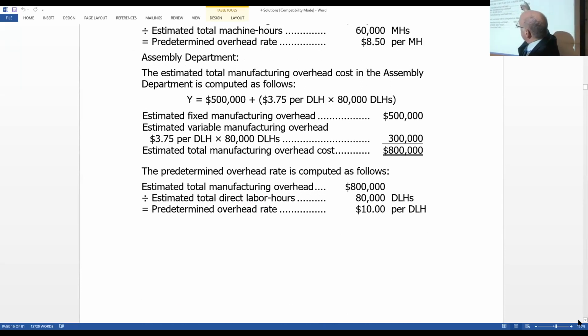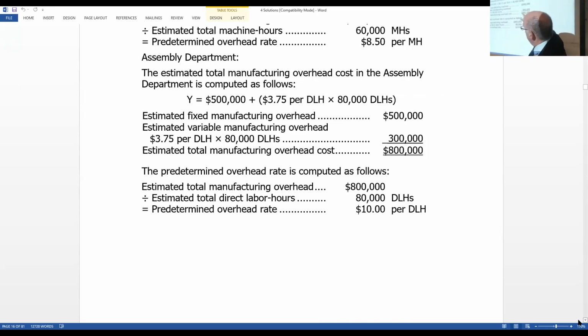So y equals a plus bx. 500,000 is fixed cost. The overhead rate, $3.75 for direct labor hours, times 80,000. So 500,000 is their estimated fixed manufacturing overhead. 300,000 is the estimated variable manufacturing overhead. Again, the overhead rate, $3.75, based on direct labor hours, times 80,000 direct labor hours, 300,000.